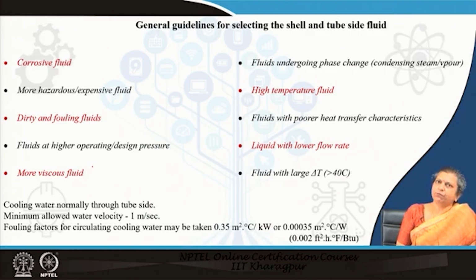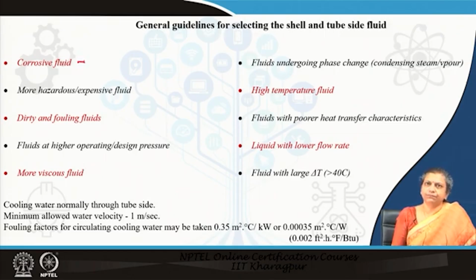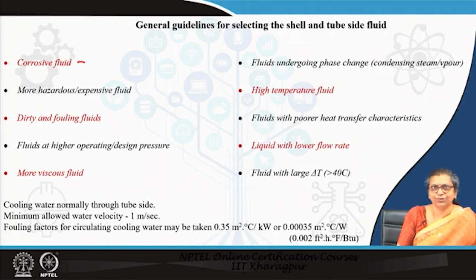Let us take up one by one and see where you will prefer to put this particular fluid under generalized conditions. Say, for example, corrosive fluid. It is quite evident that if you put the corrosive fluid on the shell side, then what happens? Both the inner wall of the shell and the outer wall of the tube get corroded.